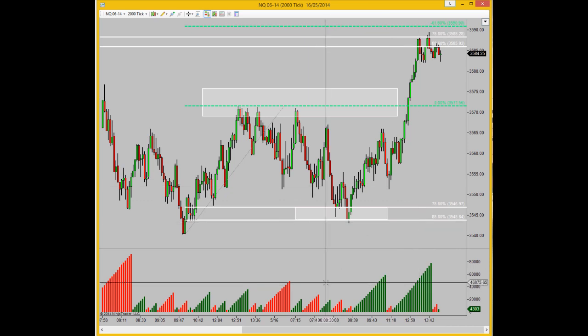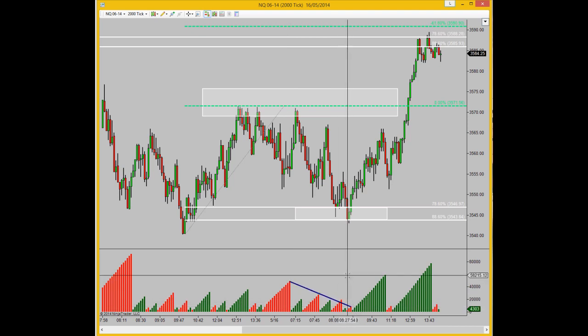The interesting thing is I can see that there are no sellers. Really, the sellers are not there. In every low that they make, there are fewer sellers, and of course we have buyers at this point.